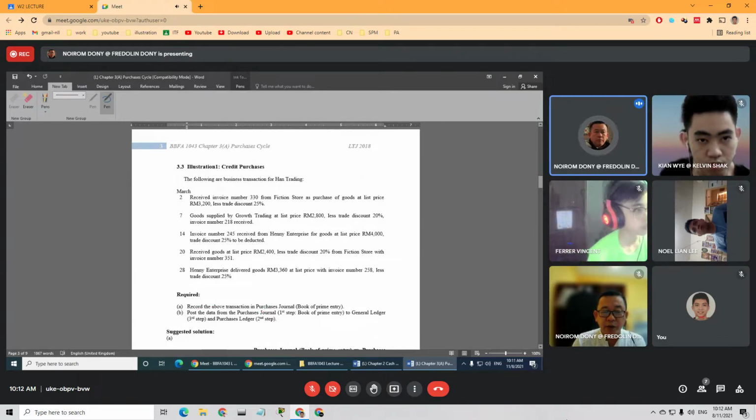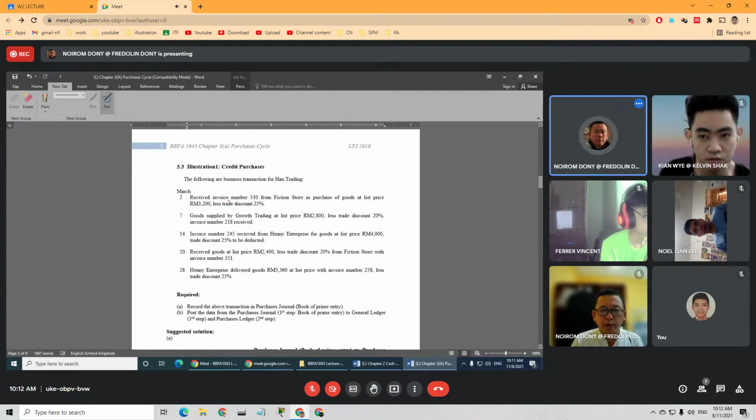They just state, record the above transaction in the books of prime entry. They combine everything inside here. Then you have to use your own judgment on which prime entry this transaction should be. So this is where you need to apply your knowledge or your understanding of credit purchases.